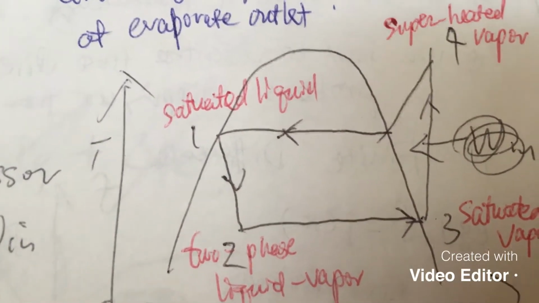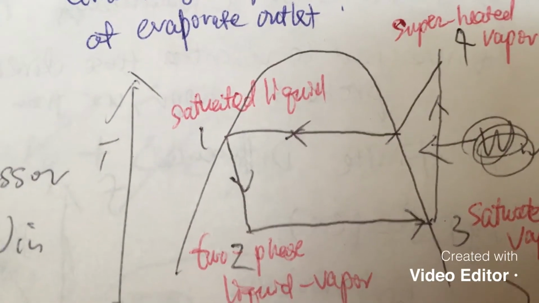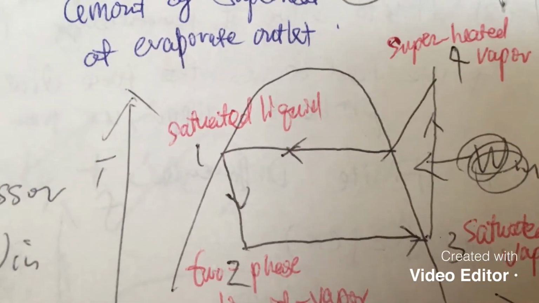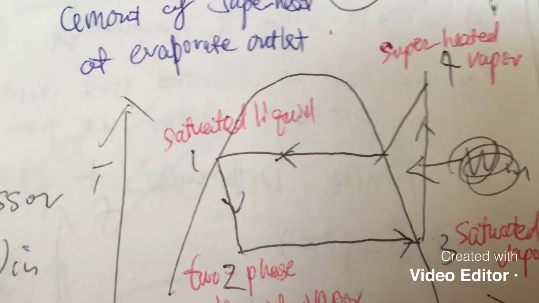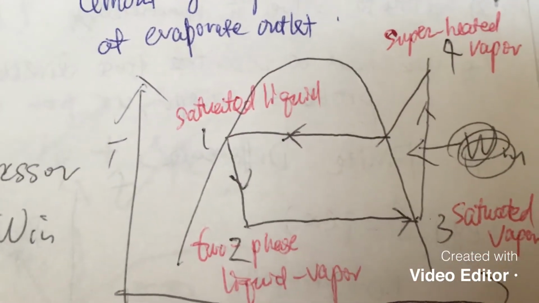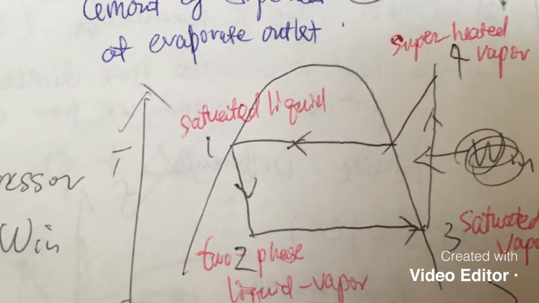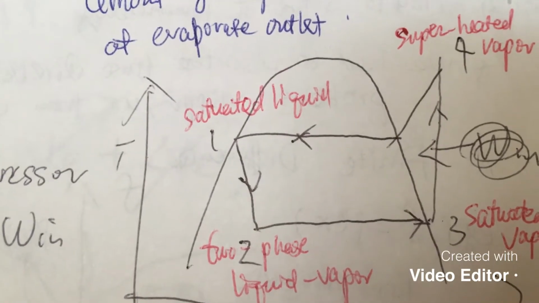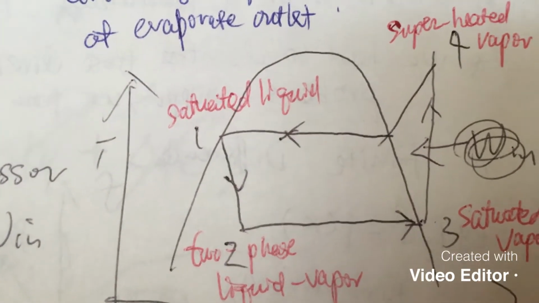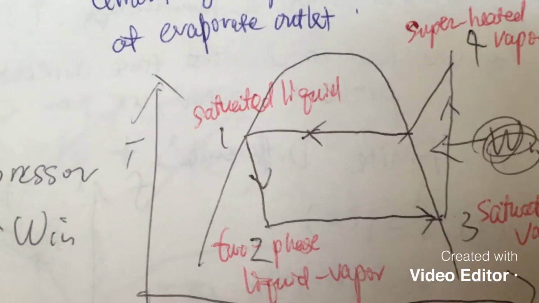After the compressor and before the condenser, it's superheated vapor. So after the condenser, then you have heat transfer. You remove heat from the refrigerant, then it becomes saturated liquid. Okay.